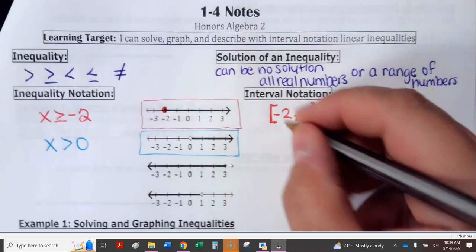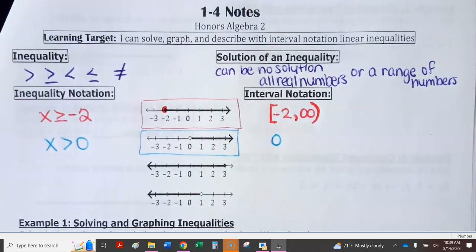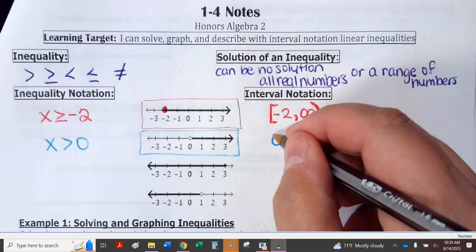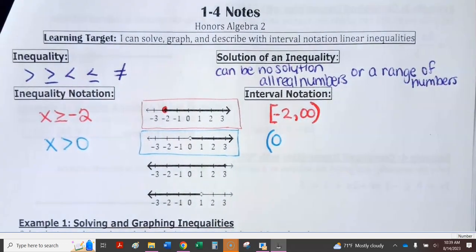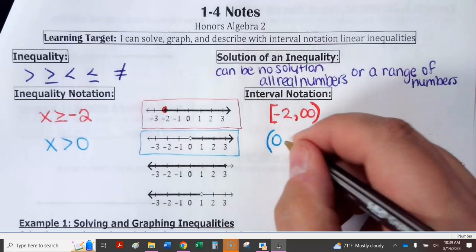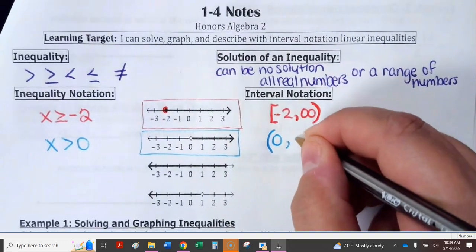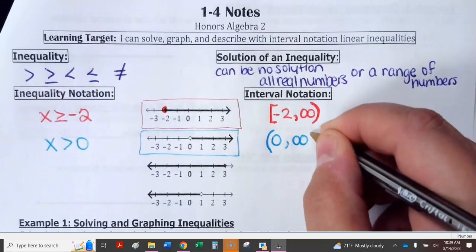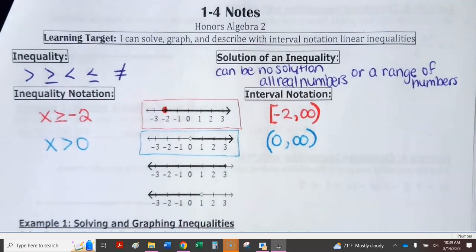If you have an open circle, we don't actually touch 0. So the only difference is you just use a parenthesis instead of a bracket. Otherwise, it's going to be a similar format, goes to the right forever. So the range of numbers we're going to use here is from 0. Any number from 0 to positive infinity would be a solution to that inequality.